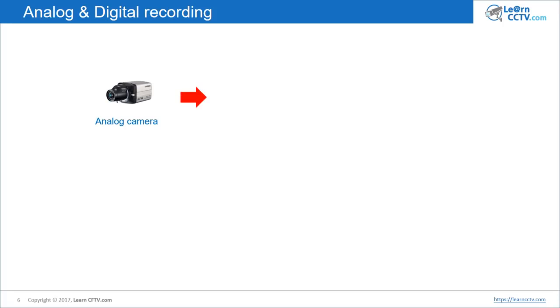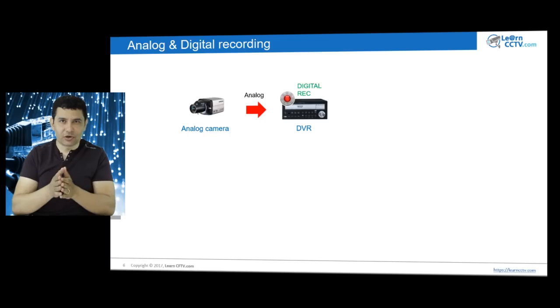You send the videos in analog format to your DVR. That's the digital video recorder. That's why the name is DVR. And then you convert from analog to digital, and then you can record. You always record in digital format. You don't record TV lines, you record pixels, right?